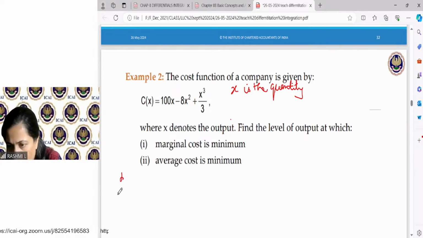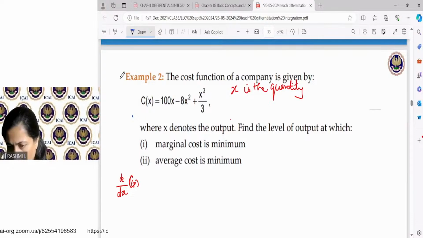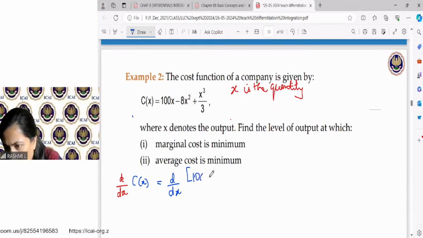d by dx of C(x). d by dx of C(x) is equal to d by dx of 100x minus 8x square plus x cube upon 3.